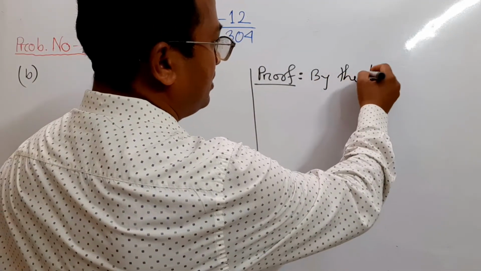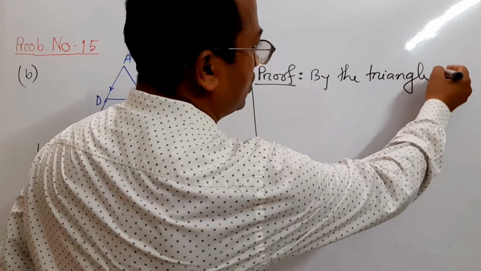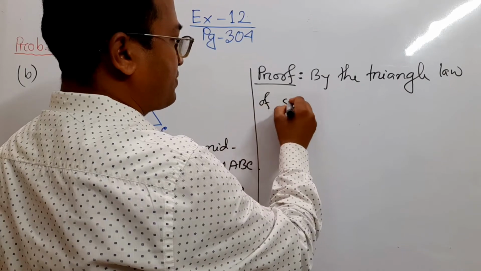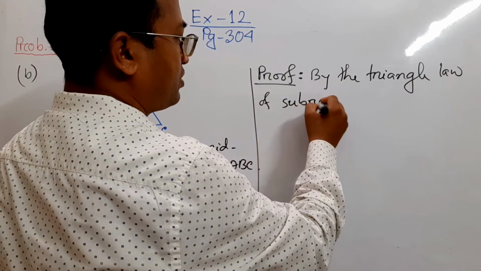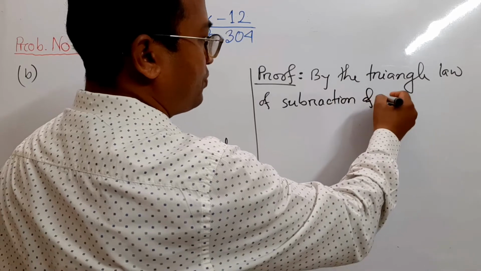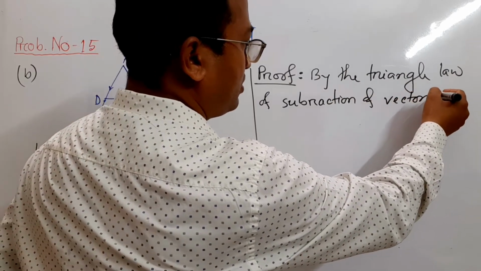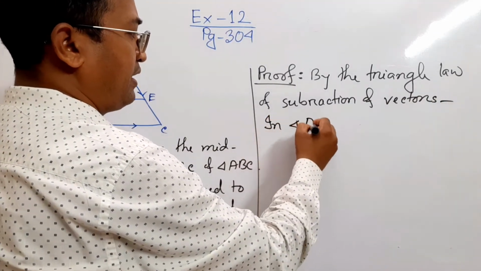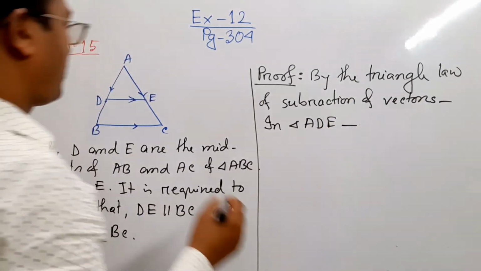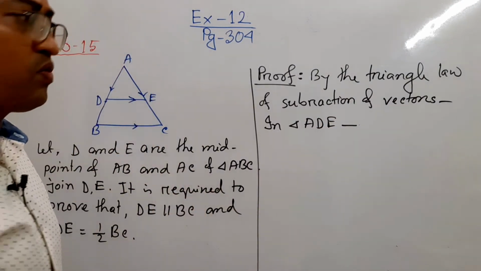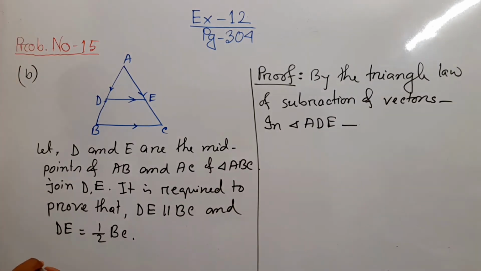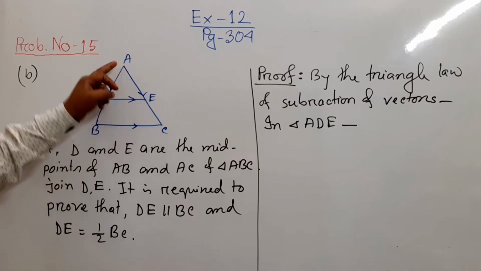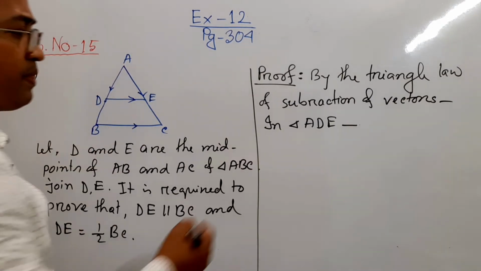By the triangle law of subtraction of vectors in triangle ADE, we can say AE minus AD is equal to DE.